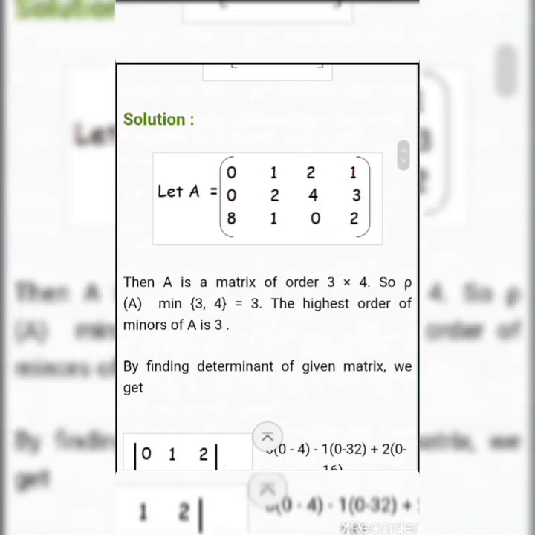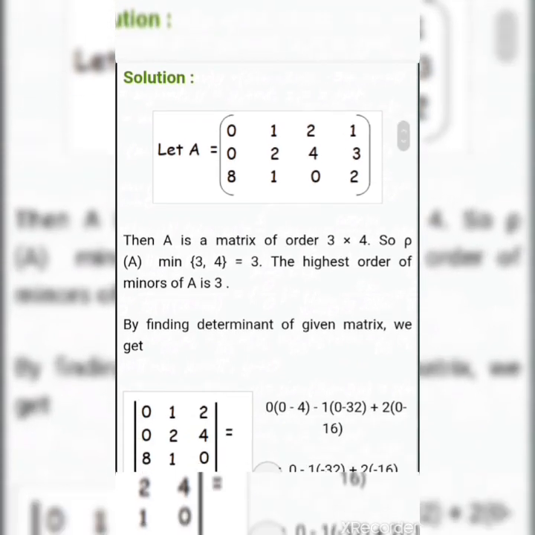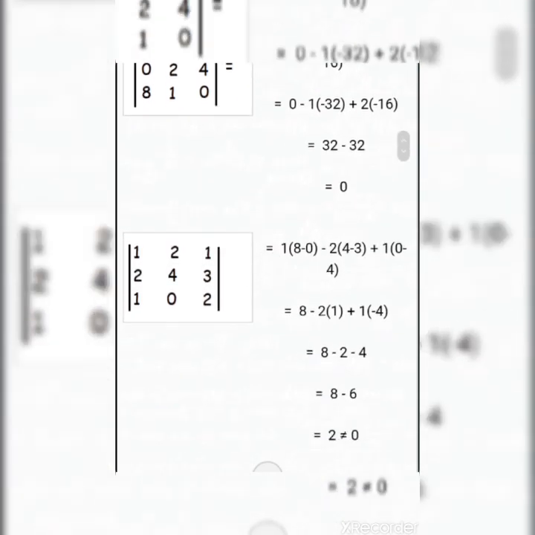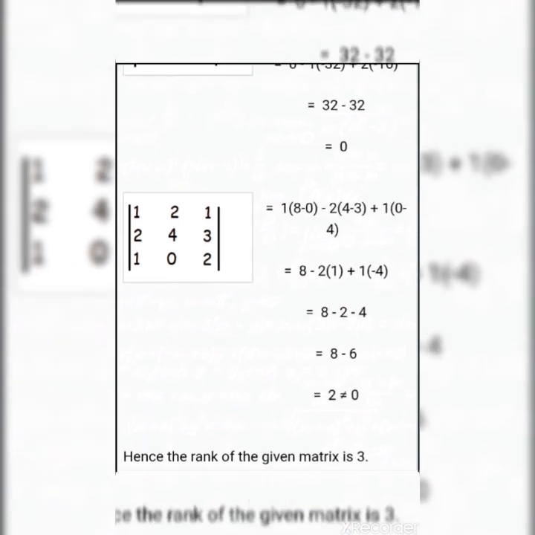The given matrix is of order 3 by 4, the minimum of the order is 3. We expand this 3 by 3 matrix and we have the rank of the given matrix is 3.